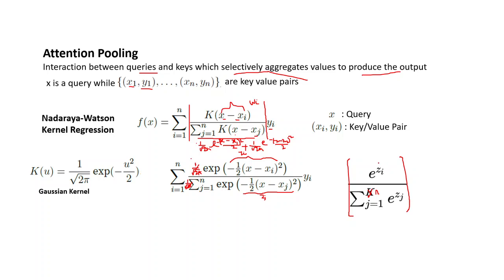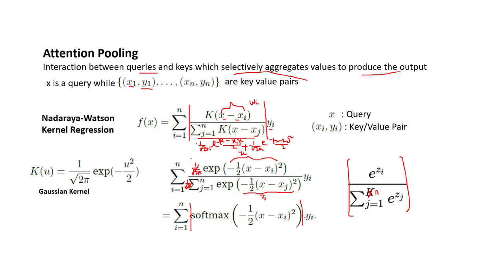And now if you use this Softmax, we can say that this attention pooling function is now the sum over i equals 1 to n of softmax of zj, which is minus half x minus xi whole square, times yi. So now your weight function looks like this.